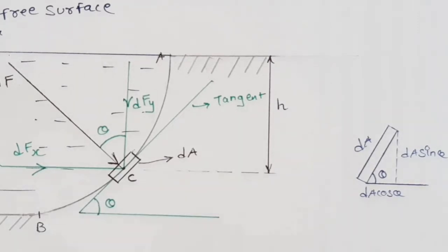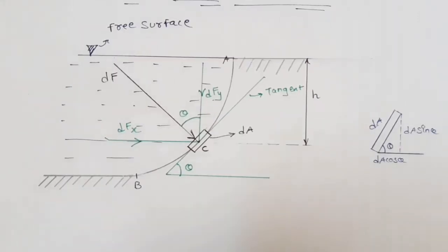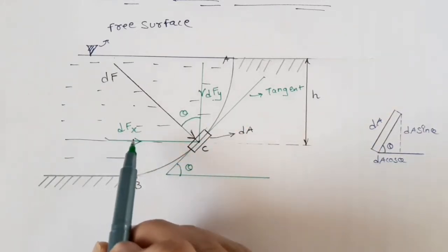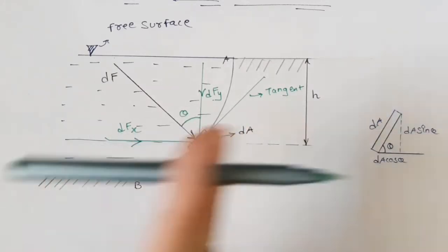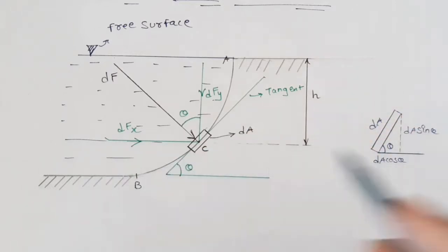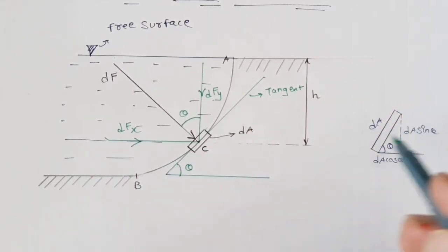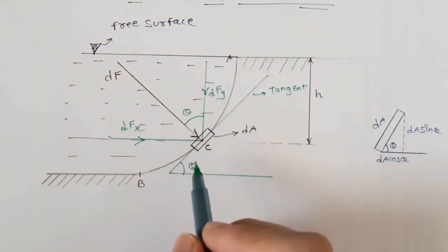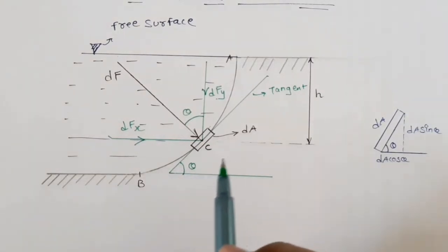Now the pressure force acts in the normal direction to the element, which means dFx will act in the perpendicular direction to this dA. As this element is very small, it can be considered as a point.